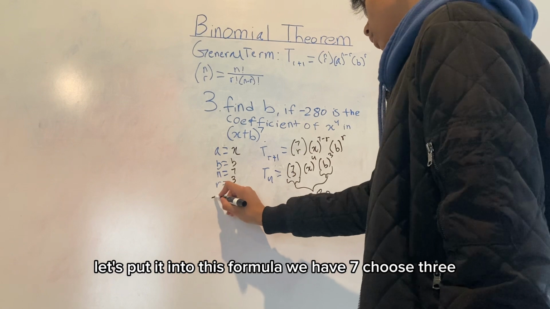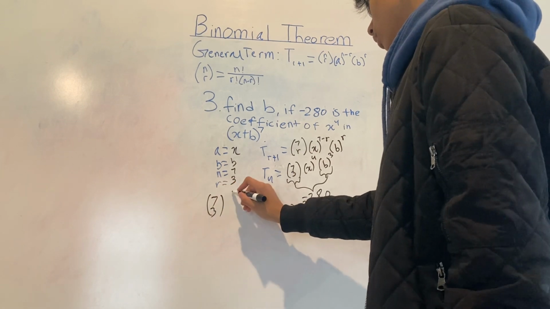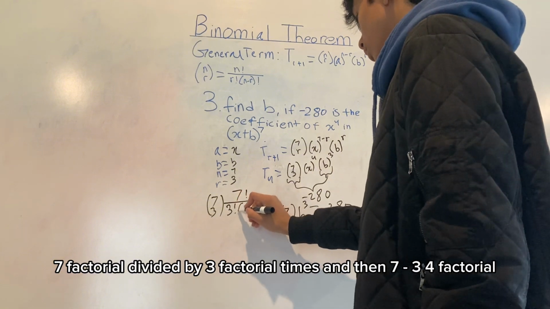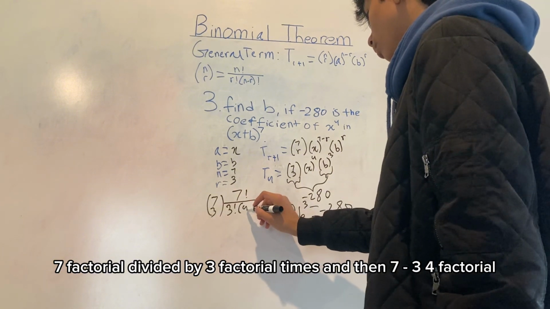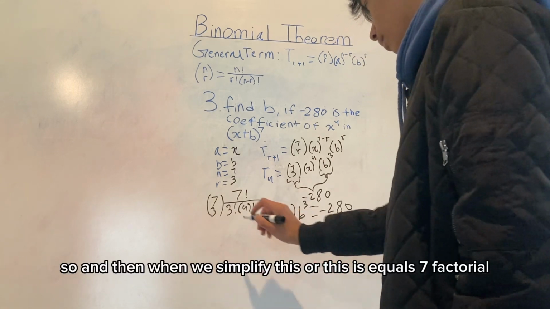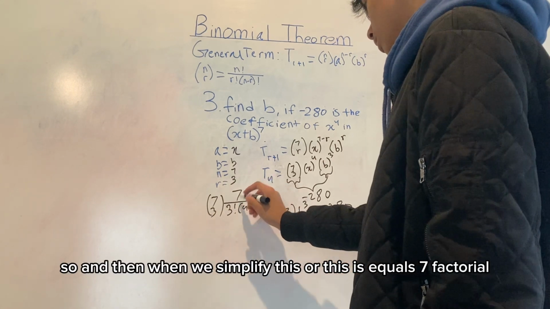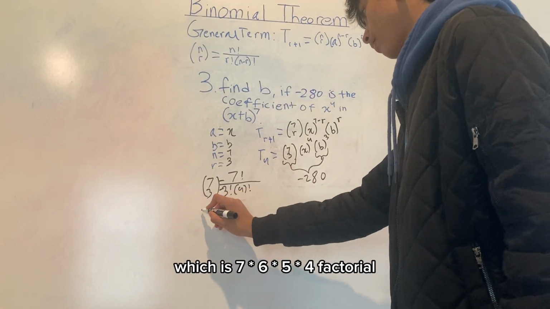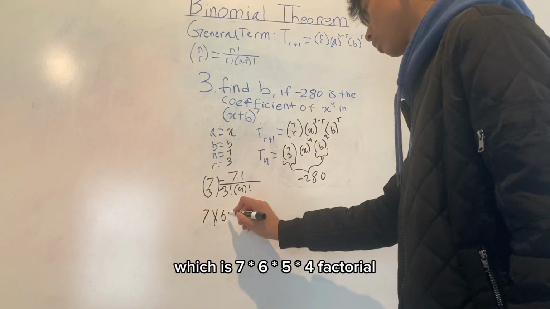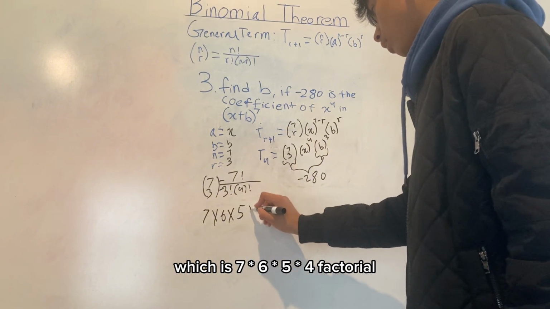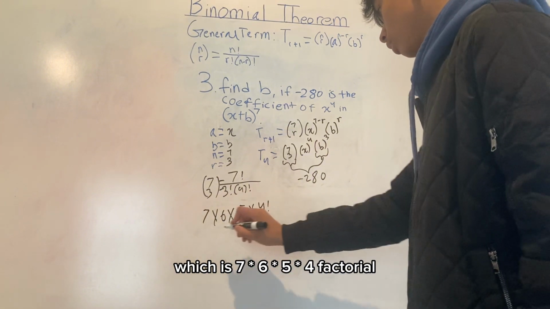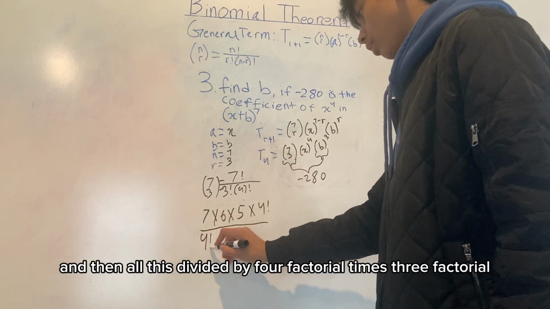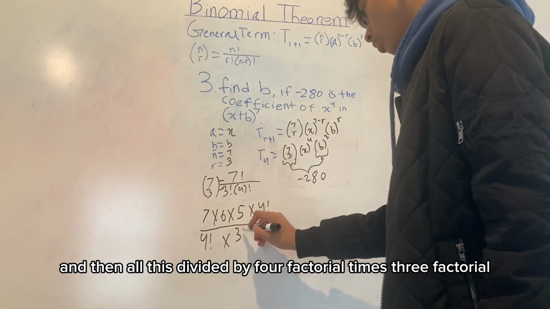We have 7 choose 3, 7 factorial divided by 3 factorial times 7 minus 3, 4 factorial. And then when we simplify this, it equals 7 factorial, which is 7 times 6 times 5 times 4 factorial, all divided by 4 factorial times 3 factorial.